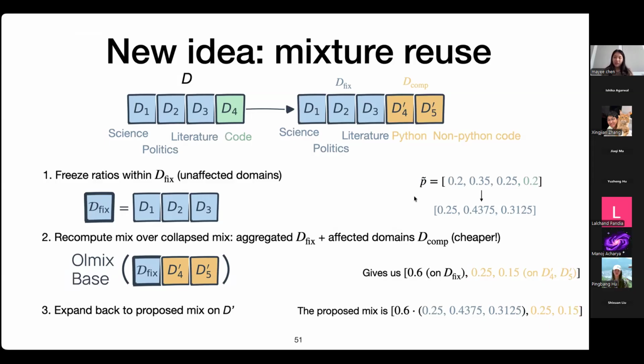Then we can construct the proposed mix by multiplying 0.6 by those normalized ratios above and just tacking on the recomputed mixes. So this procedure is essentially applying any data mixing algorithm in a lower dimensional slice of the mixture space. And the main thing this allows us to achieve is that there's less recomputation required.